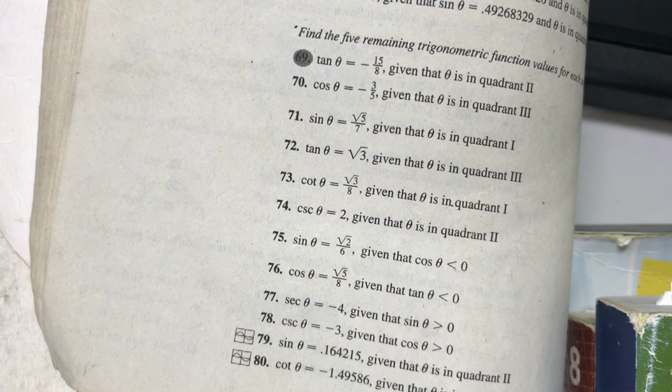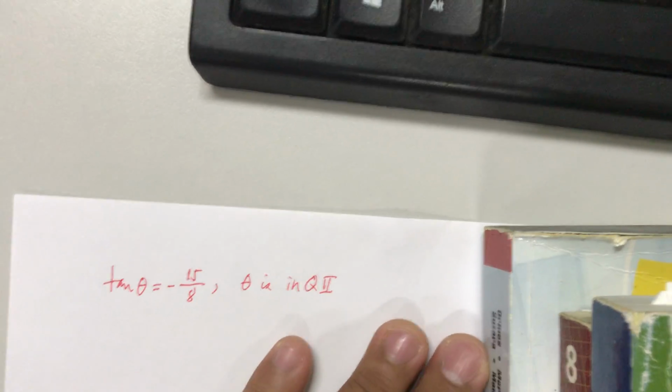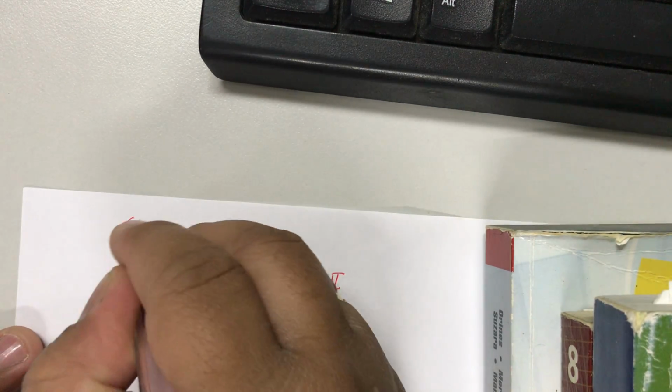Theta is in quadrant 2. That's number 69.